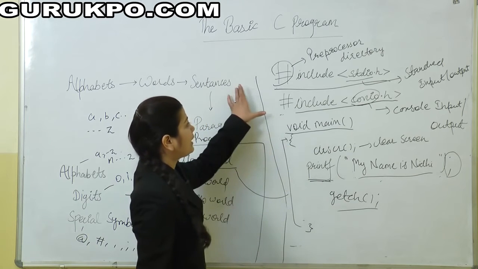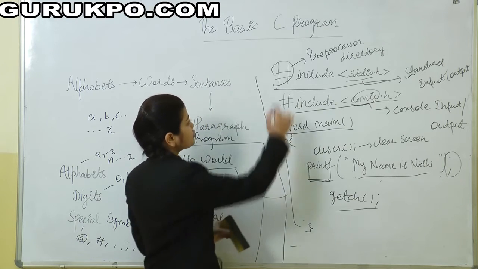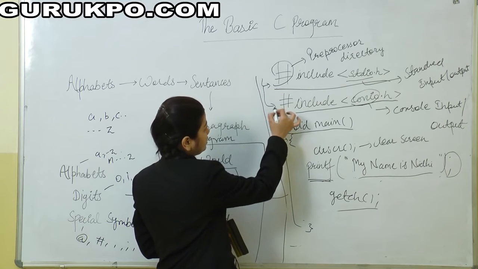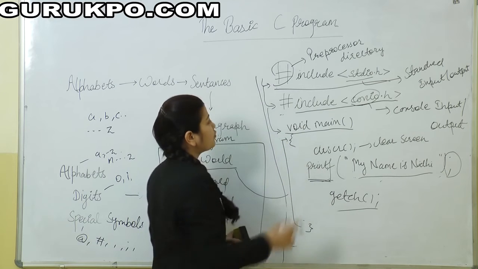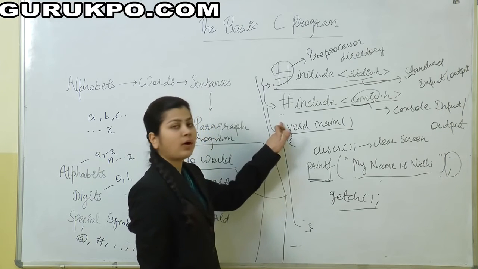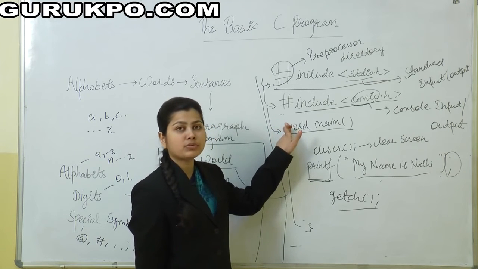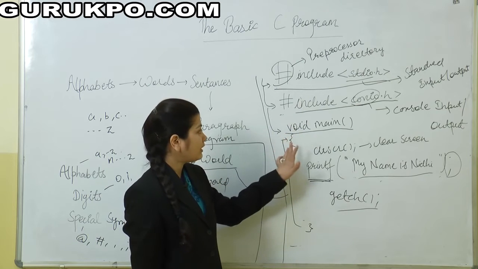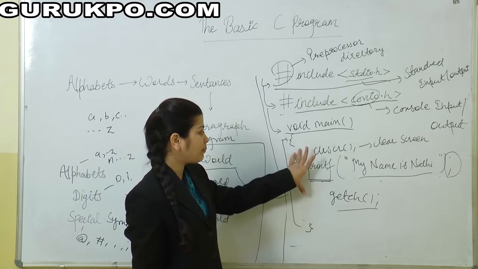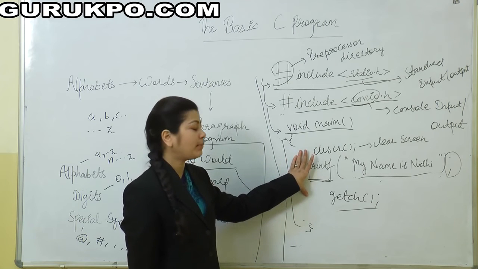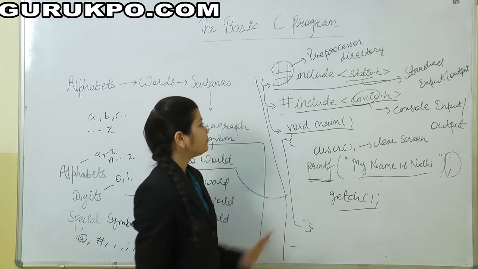When the compiler executes the program, it first comes to the header file, and after that the control comes to void main. So here the compiler finds the body of the program. When the control comes into these curly braces, the main body of the program starts.